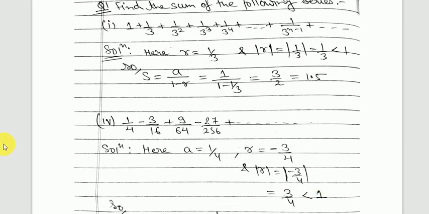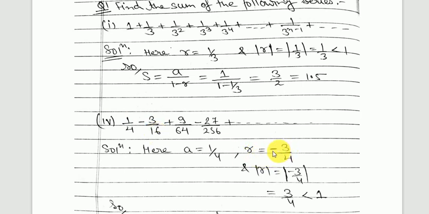Now next, 1 upon 4 plus 1 upon 4 minus 3 by 16 plus 9 by 64 minus 27 upon 256 plus so on. Here you can say this is an infinite series, and if you see, the first term a is 1 upon 4 and the common ratio is minus 3 upon 16 divided by 1 by 4, so it comes to minus 3 by 4.